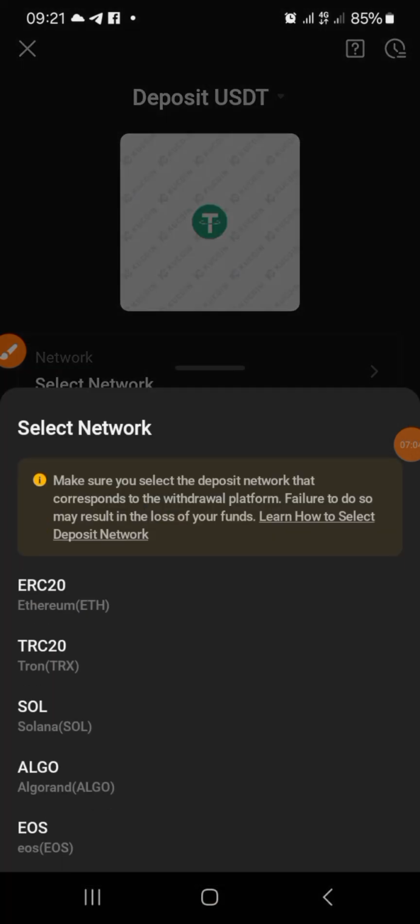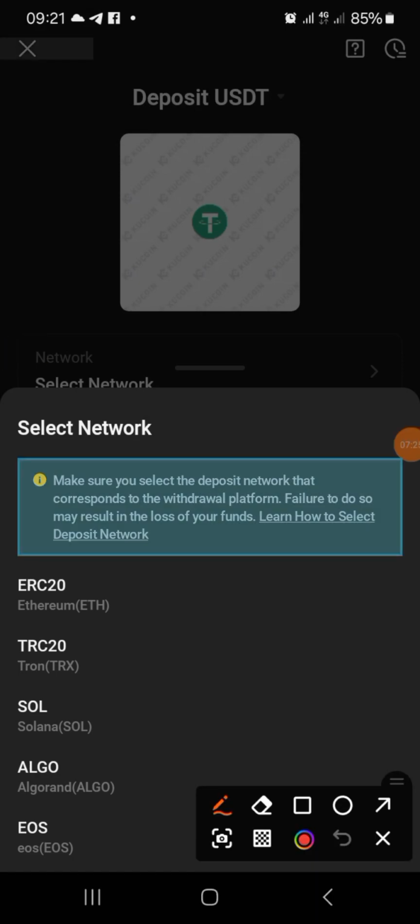When we click USDT, we will be asked to choose a network. These networks are actually what facilitates the transactions. So in cryptocurrency, it's important to understand networks. We have different networks, like Ethereum.